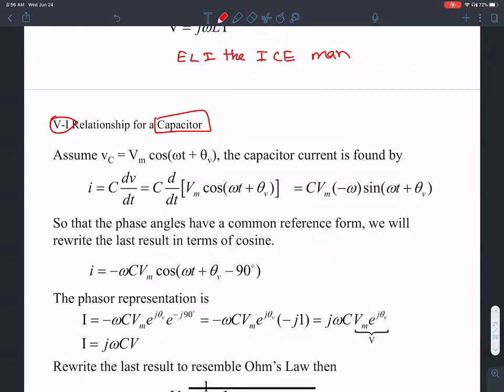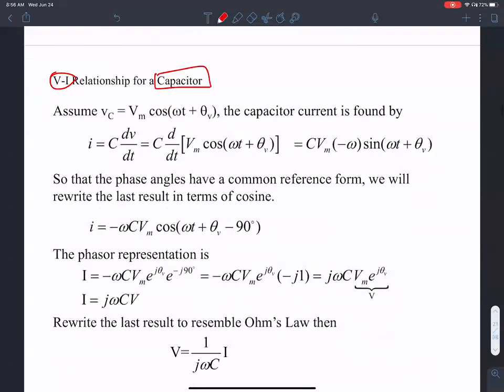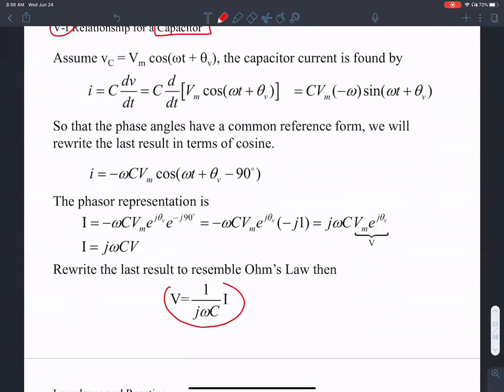So what you will see is that V is I times R for a resistance.